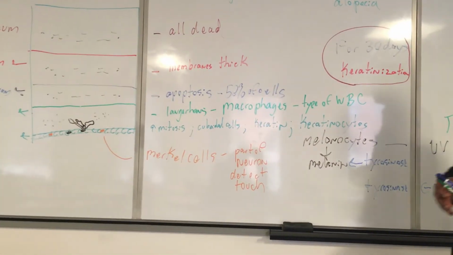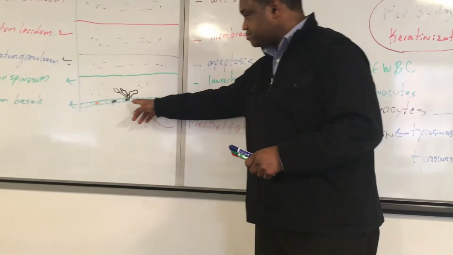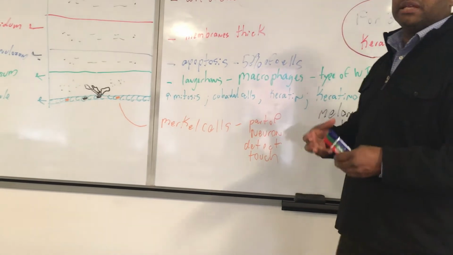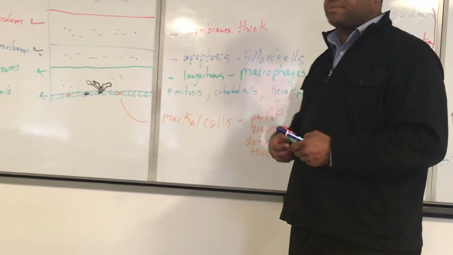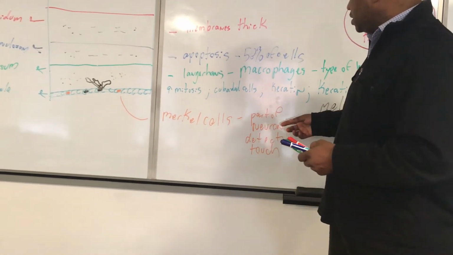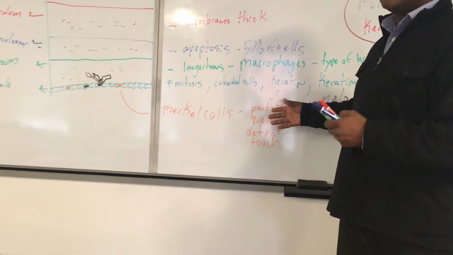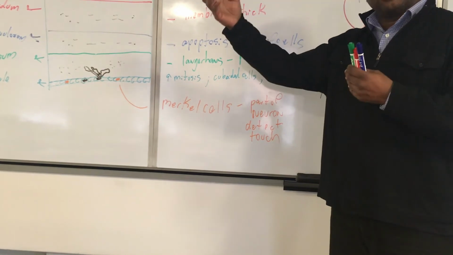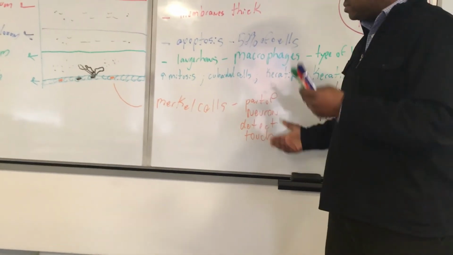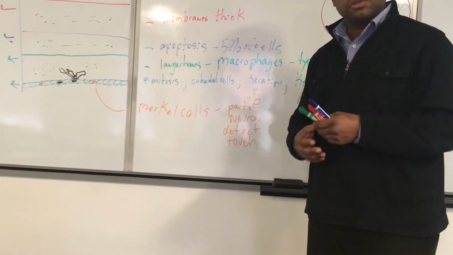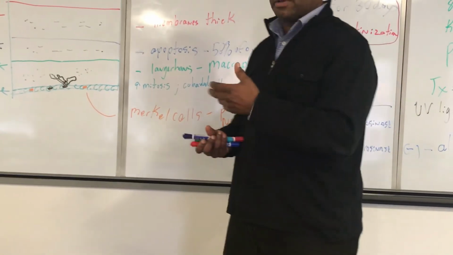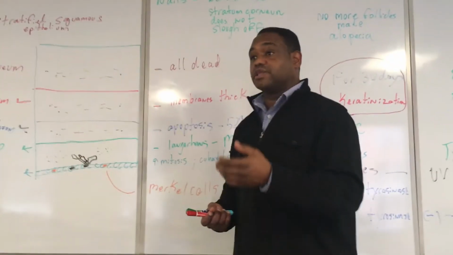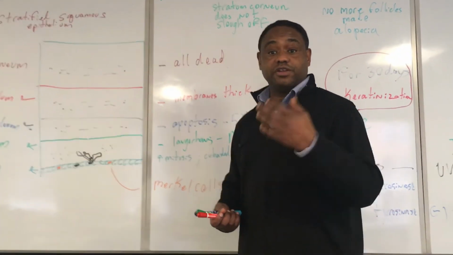You also have Merkel cells in the stratum basale layer, specialized epithelial cells that are basically a part of a neuron, the part that reaches out and finds out what's going on in the environment. So they're part of sensation as well. You should have already gone through the dermis and seen that there are nerves there too, like Meissner corpuscles and free nerve endings.